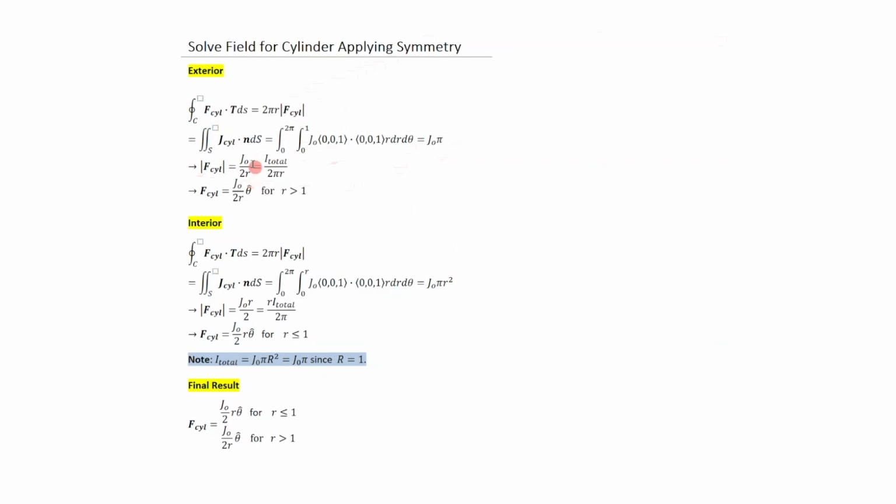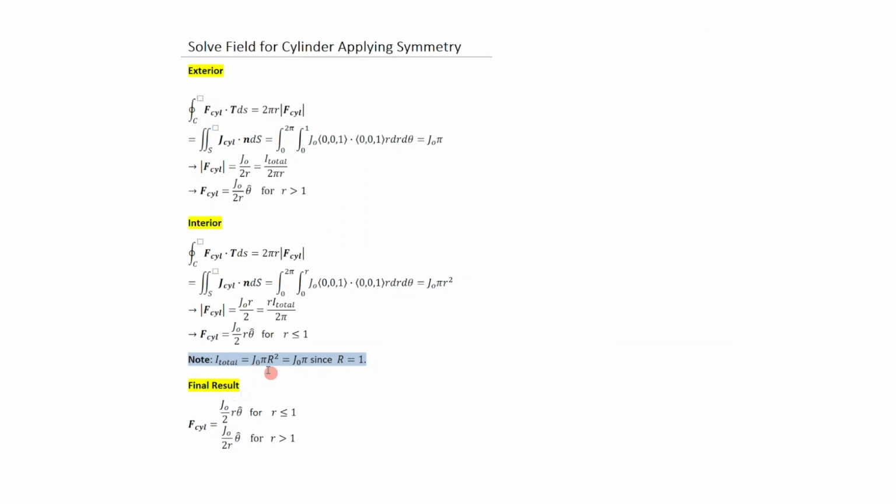Now we can also write J naught in terms of the total current flux passing through the cylinder. If we compute the total flux through the cylinder, then we get J naught pi r squared. This is just the cross-sectional area of the cylinder times J naught, being a constant. Now, if the current flux density were not constant, you would have to actually do the integral.